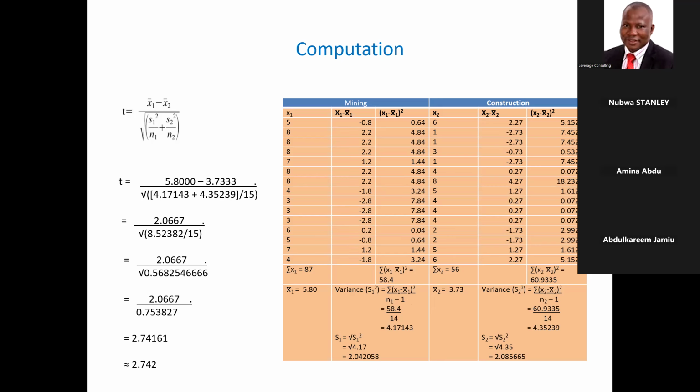Can you see? These are the things you feed into the formula on this side now. You feed it, you get 2.742. So it's very simple. It's just for you to know the logic.